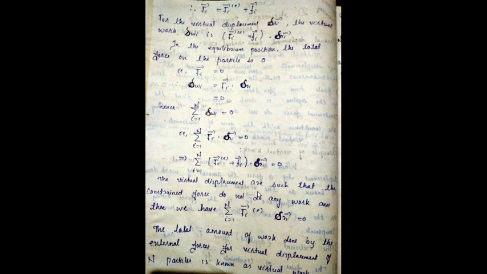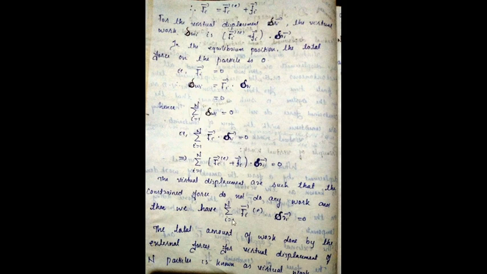Now the virtual displacements are such that the constraint forces do not do any work. So summation i equal to 1 to N Fi external dot delta Ri vector is equal to 0. Already in the first section itself we saw that for virtual displacement the force of constraint is equal to 0.